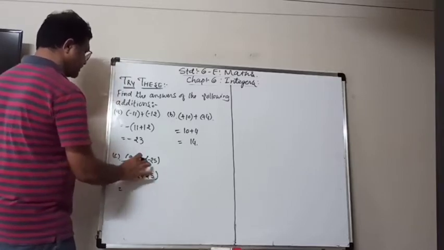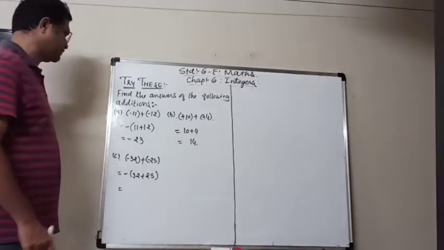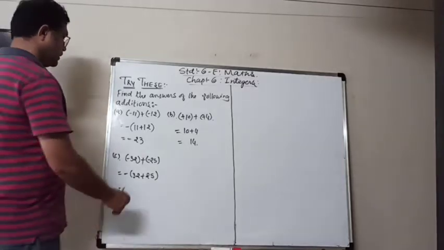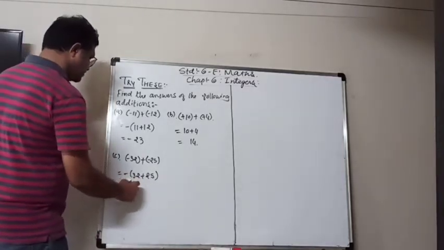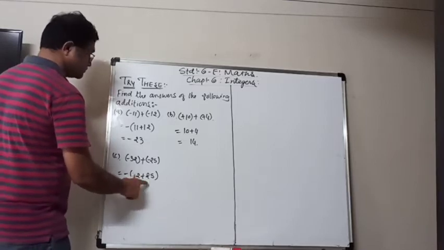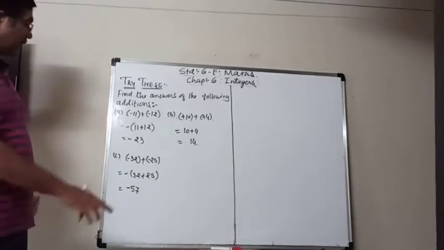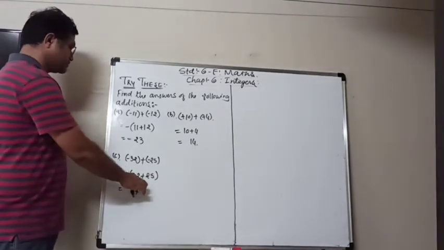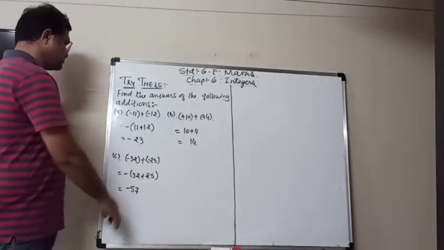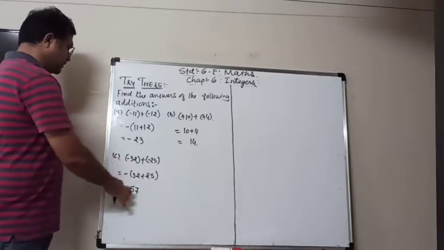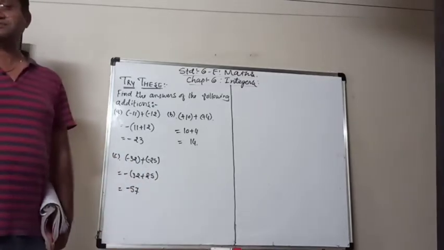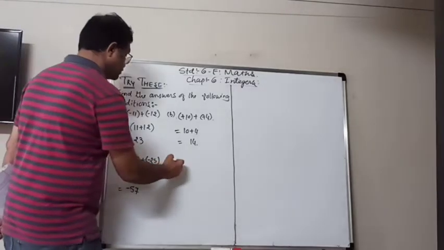So minus, into bracket, 32 plus 25, and the answer is 57 but with a negative sign. So we have to add them. 32 plus 25 is 57, but both are negative, so your answer will also be negative.